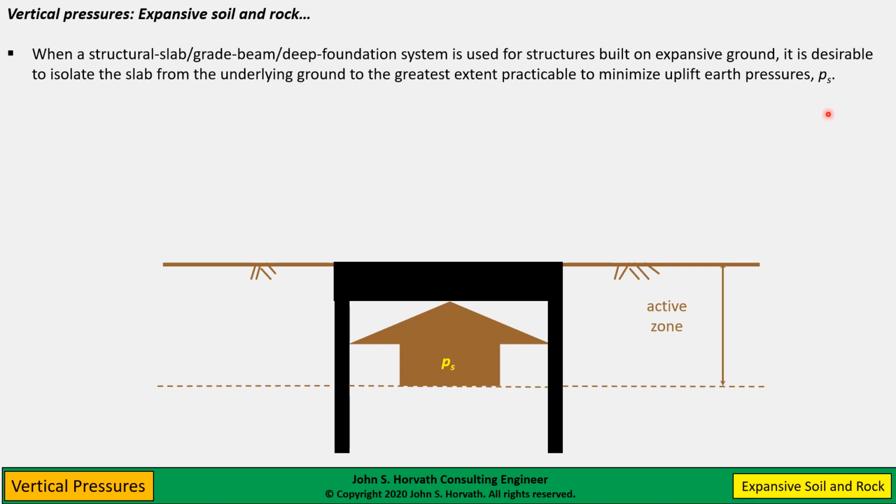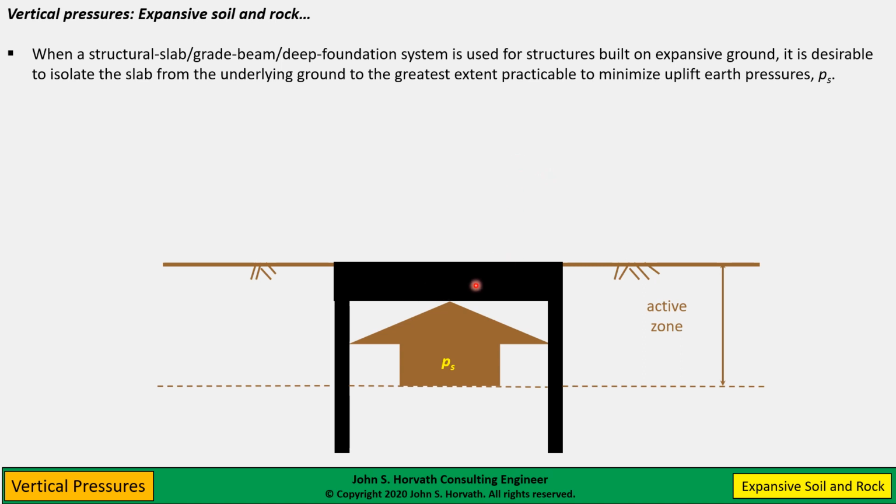Well, because expansive ground is such a significant global problem, it's no surprise that major structures need to be designed against this problem. And a very common situation is to have a structural slab supported on grade beams that frame into deep foundations that are founded below the active zone of the expansive ground.